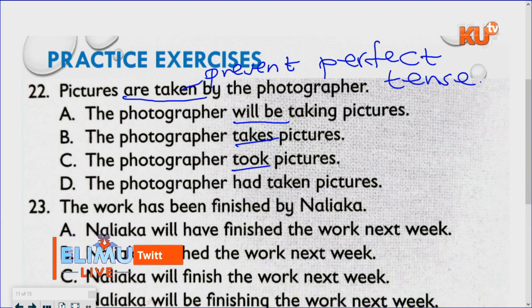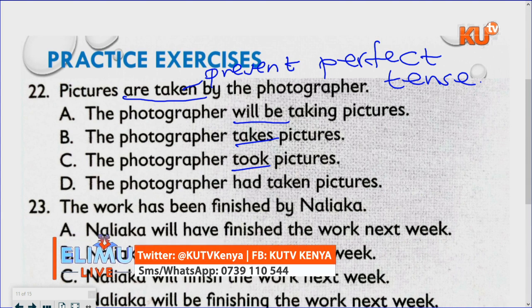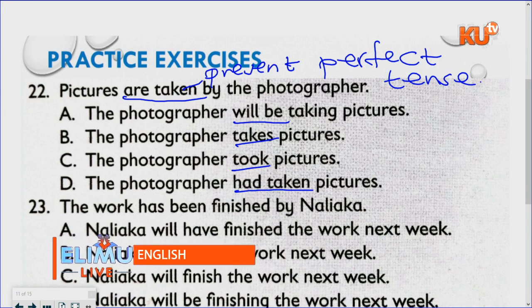The photographer had taken pictures. Okay. So, had taken, the photographer had taken, it tells you that it is in past perfect tense. So, the correct answer is the photographer takes pictures.